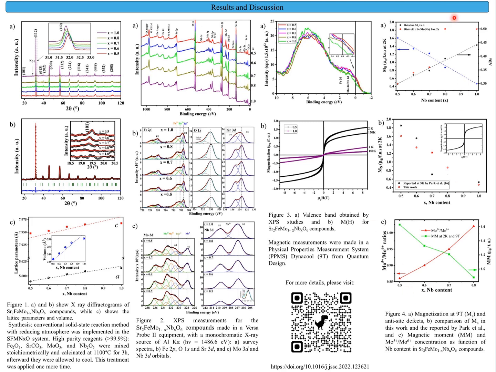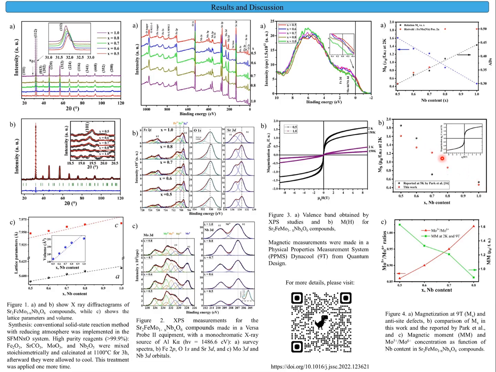It is seen that as the content of antisite defects increases, the saturation magnetization decreases. In the same way, the saturation magnetization measured in this work is compared with the one reported by Park et al., finding a similar trend.